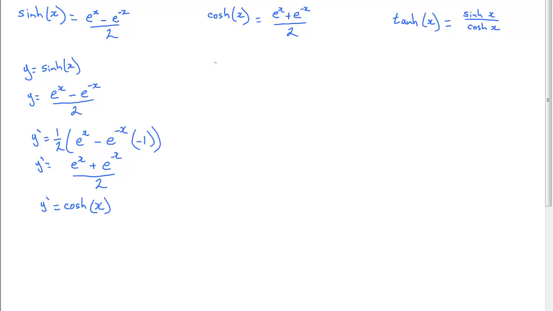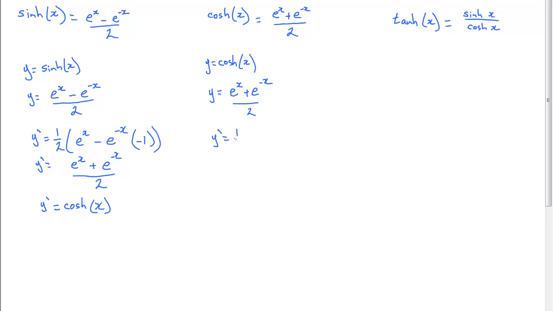We're going to do the same thing now for y equals hyperbolic cosine of x. We'll stick the definition in there: e to the x plus e to the minus x over 2. You might see that the same thing is going to happen here.